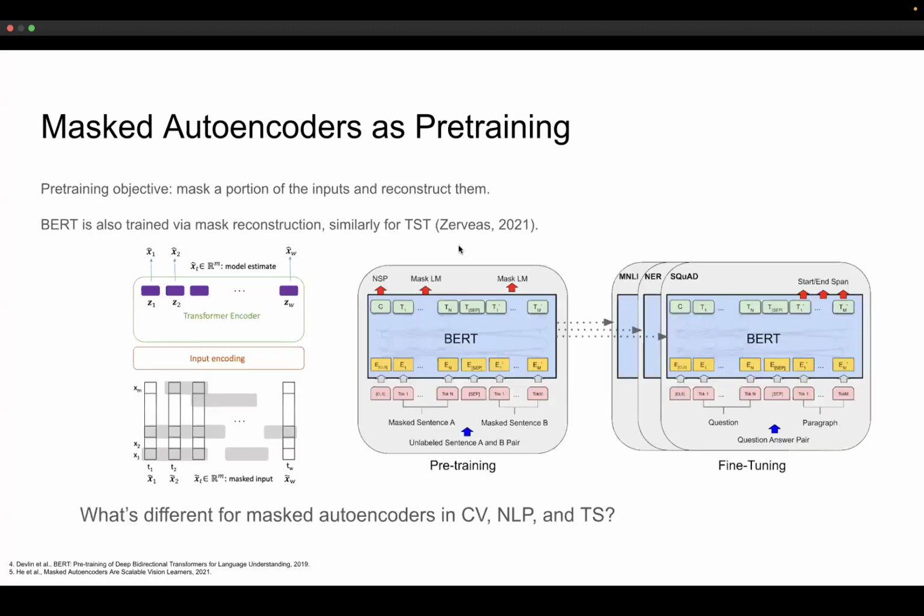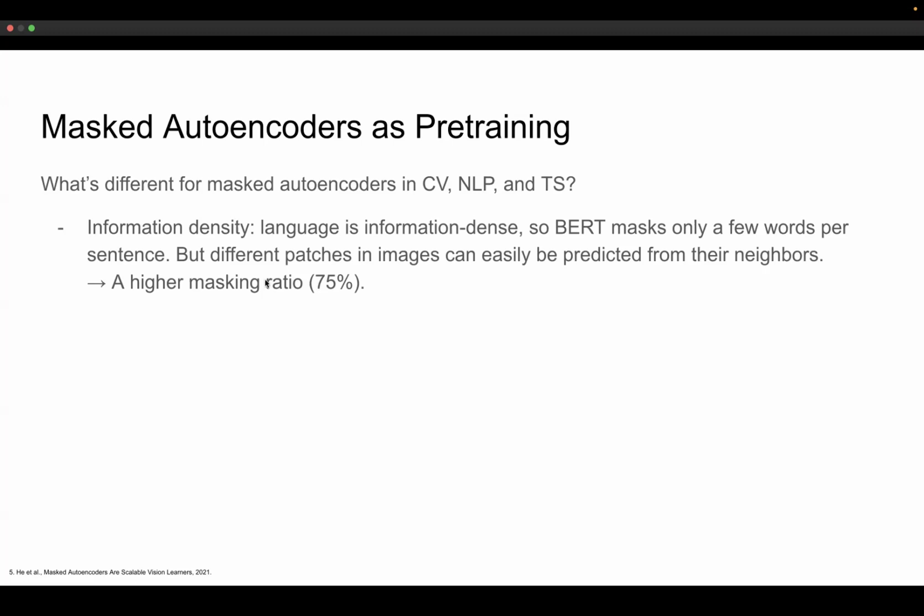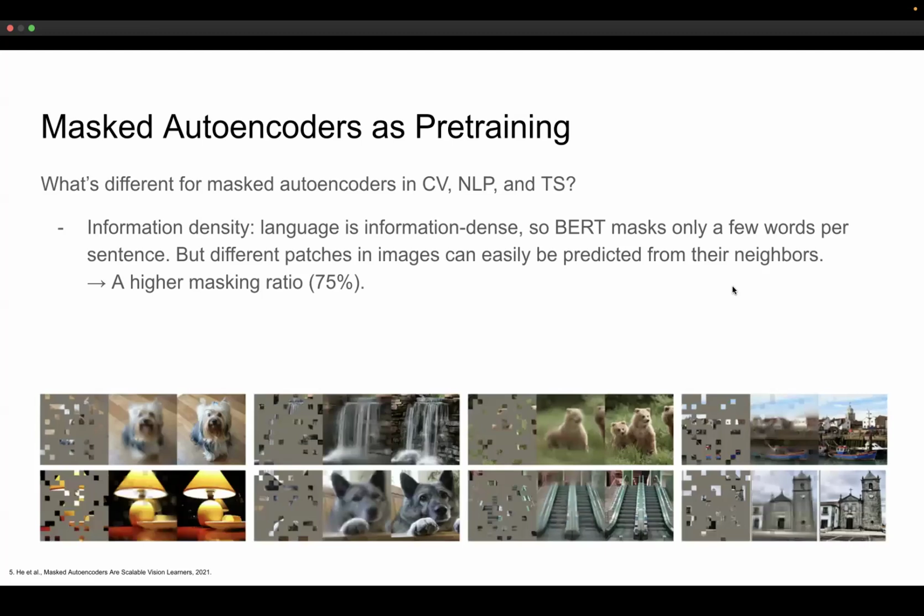So instead of using a lower masking ratio, for images we will use a masking ratio of 75%. Some examples are shown at the bottom. With 75% masking, most parts of the image will be masked, but you can still tell a little bit what was originally in those images.